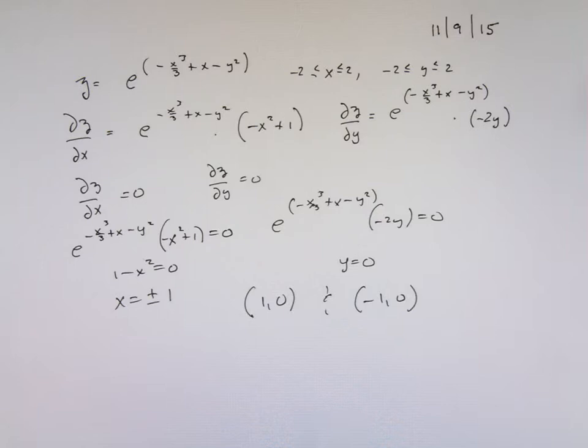So if you had multiple y values, like 0, 2, 3, would you combine? Yes, you would. You'd have to combine them as long as those points cause both partials to be 0. You'd have to do them all in all combinations. So you'd have 1, 2, 1, -2, and then -1, 2, -1, -2. Yeah, absolutely right.